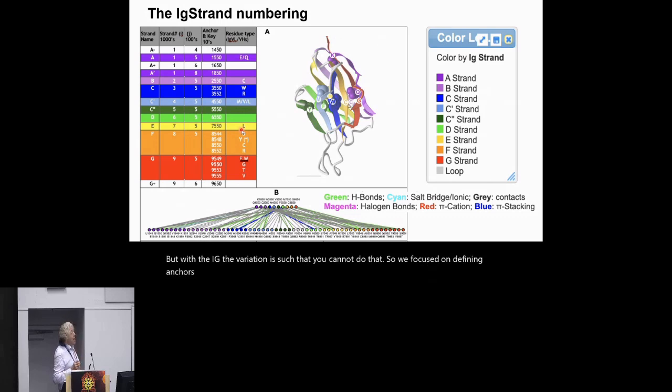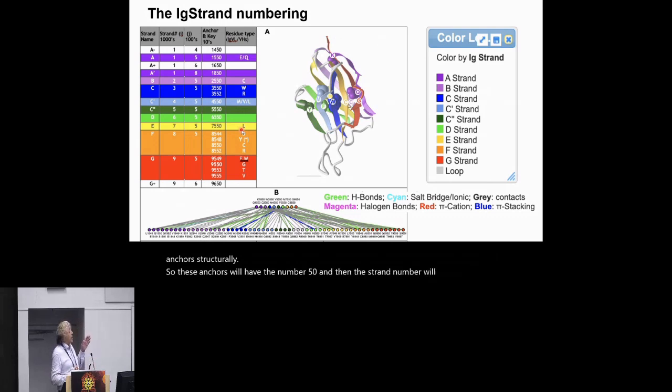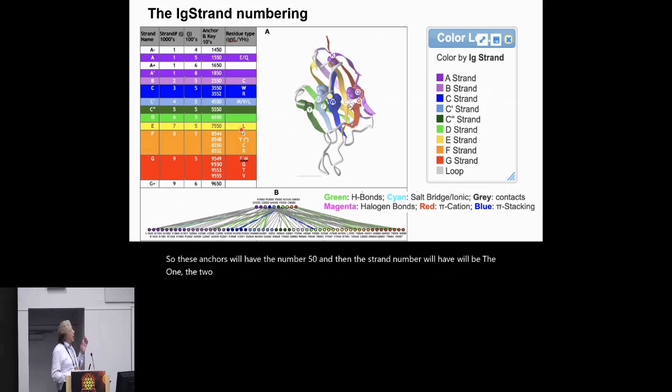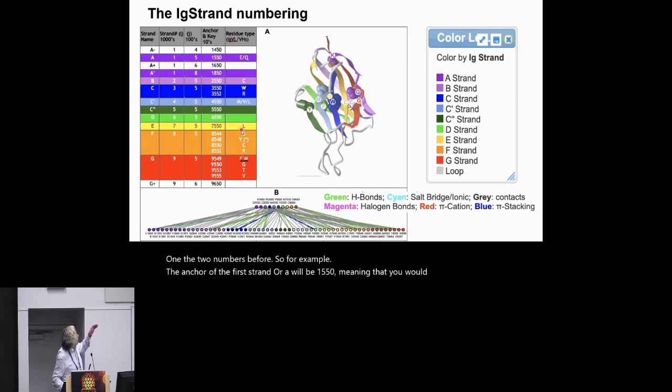So these anchors will have the number 50, and then the strand number will be the two numbers before. So for example, the anchor of the first strand, or A, will be 1550, meaning that you would have 50 for the most conserved residue structurally, 5 for its reference number, and 1 for the strand number.